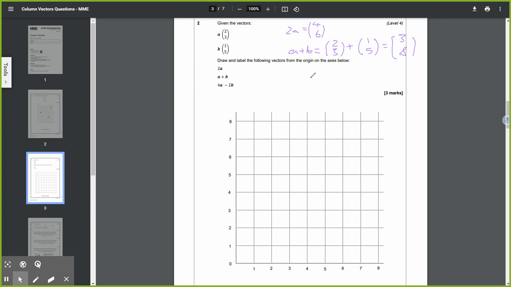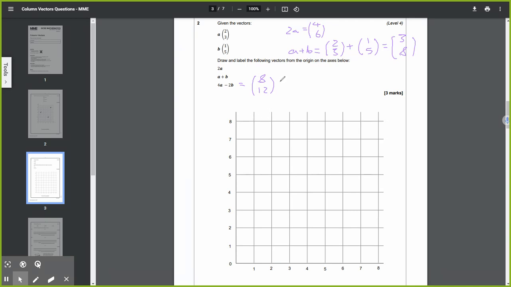And then 4a minus 2b, well, let's do 4a first. That's going to be 8, and then 3 times 4 is going to be 12. You see how it's not the same as a fraction, is it? Because if it was a fraction at this point, I would just simplify it and we'd end up back where we started, 2 over 3.